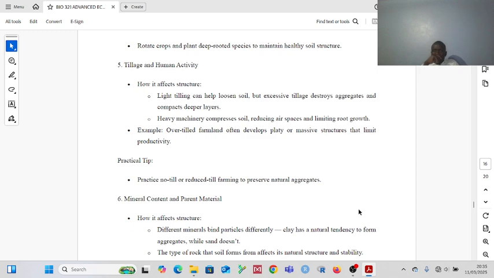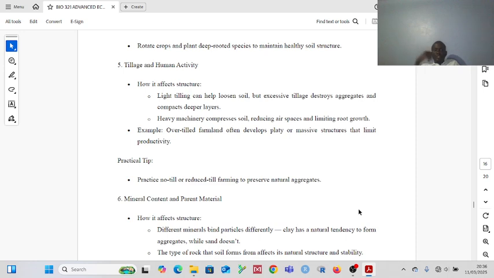Another factor that affects soil structure is tillage and human activity. So tillage is how you till. When you till land lightly, it can help to loosen the soil. But when you do excessive tilling, it destroys the aggregates. Okay?